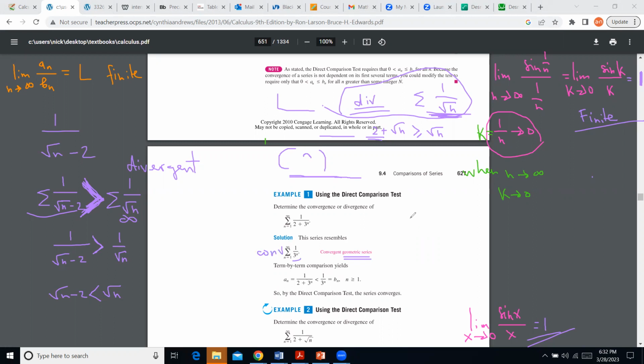And what they do is they say that if I look at 3 to the power of n and 3 to the power of n plus 2, then 3 to the power of n is definitely going to be smaller, right? So if I take 1 over 3 to the power of n and 1 over that bigger thing, then that bigger thing will now be less because the inequality flipped.